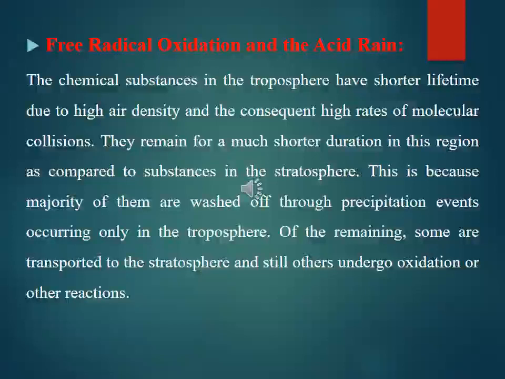They remain for a much shorter duration in this region as compared to substances in the stratosphere. This is because the majority of them are washed off through precipitation events occurring only in the troposphere.